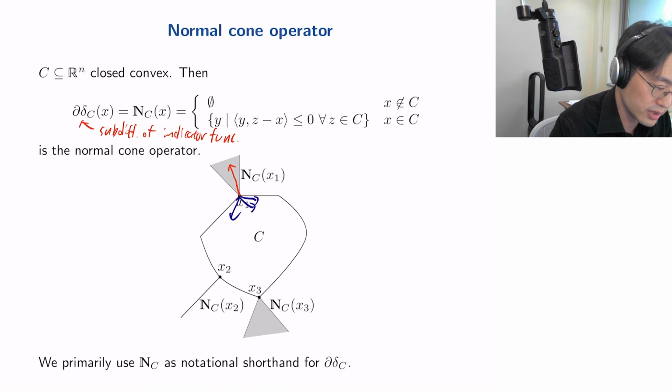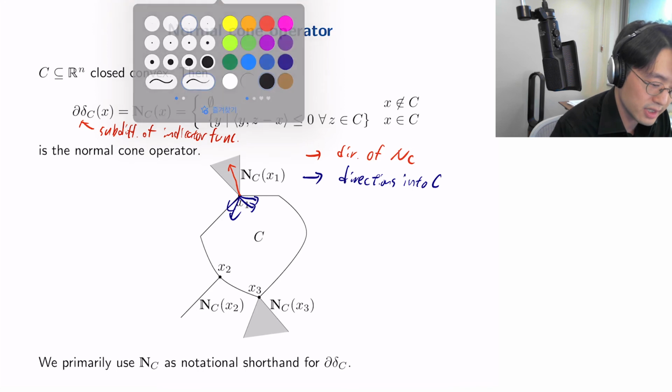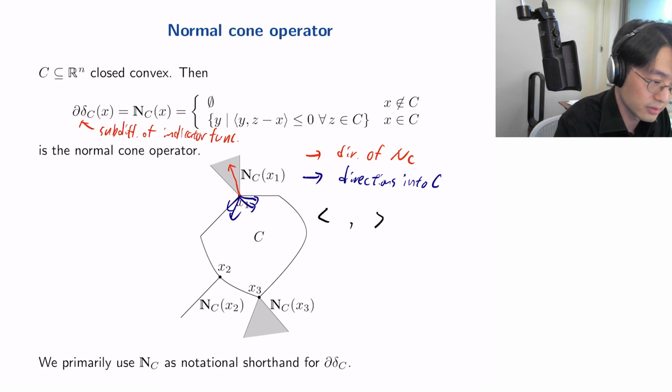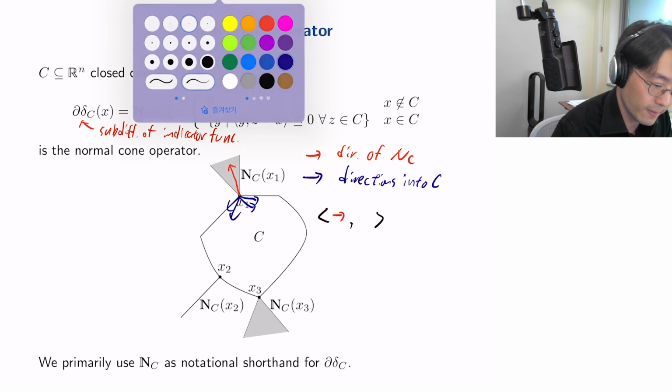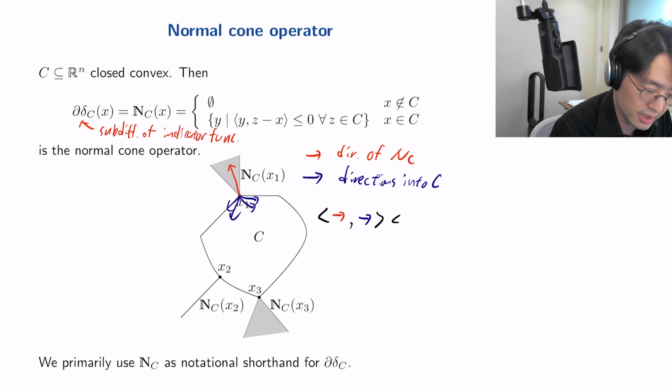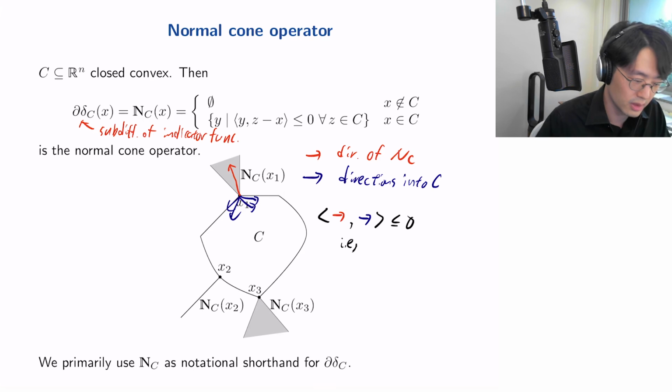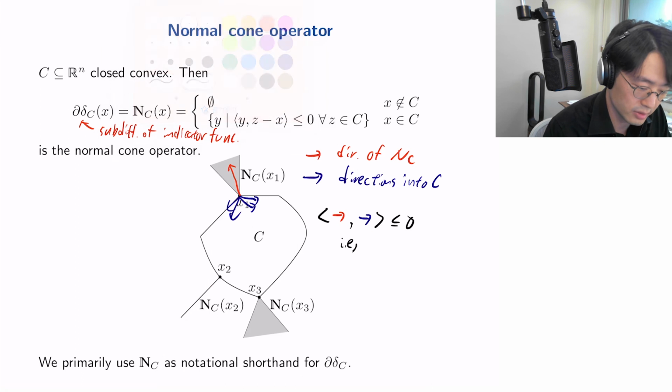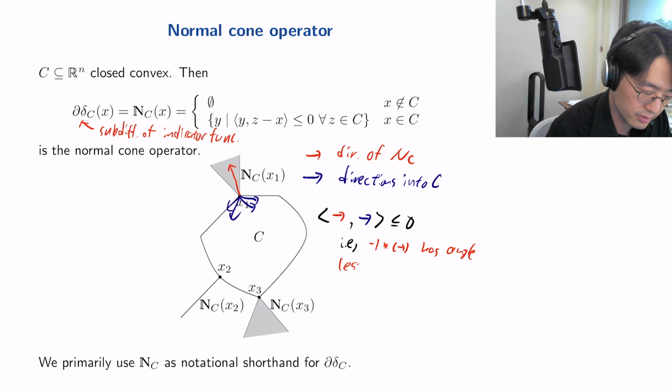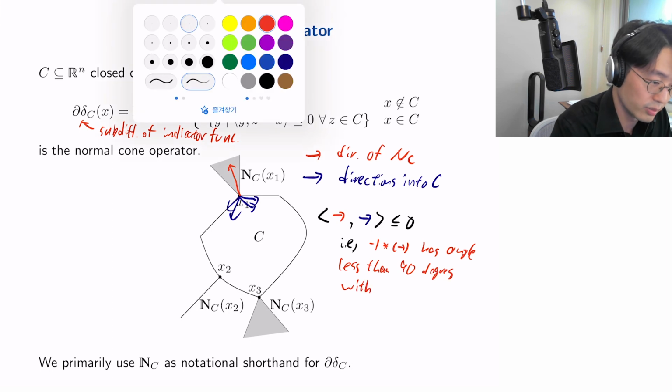These blue lines are directions into C, and the red is a direction in the normal cone. Then if we take the inner product between the red direction and the blue direction, that comes out to be less than or equal to 0. To put it differently, -1 times the red direction has angle less than 90 degrees with the blue arrow.